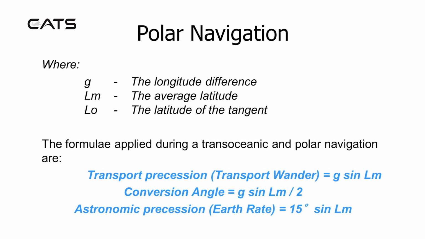Conversion angle is G sine average latitude divided by 2, and astronomic precession, Earth rate, is 15 sine mean latitude.